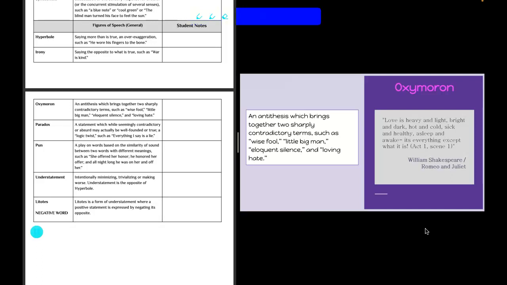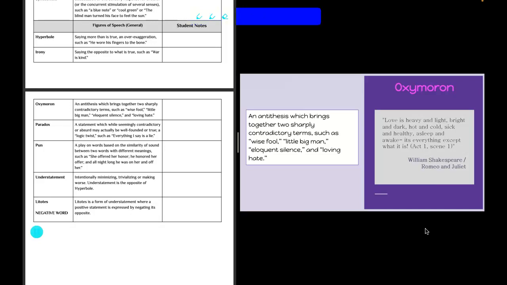Oxymoron is an antithesis. Antithesis, break that down to figure out what that means. An antithesis which brings together two sharply contradictory terms, such as wise fool, little big man, eloquent silence, and loving hate. Probably one of the most recognized is jumbo shrimp.